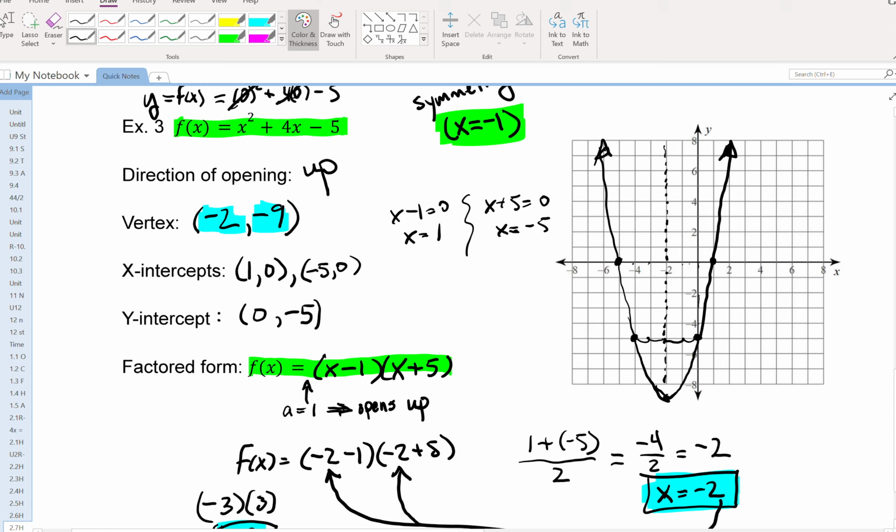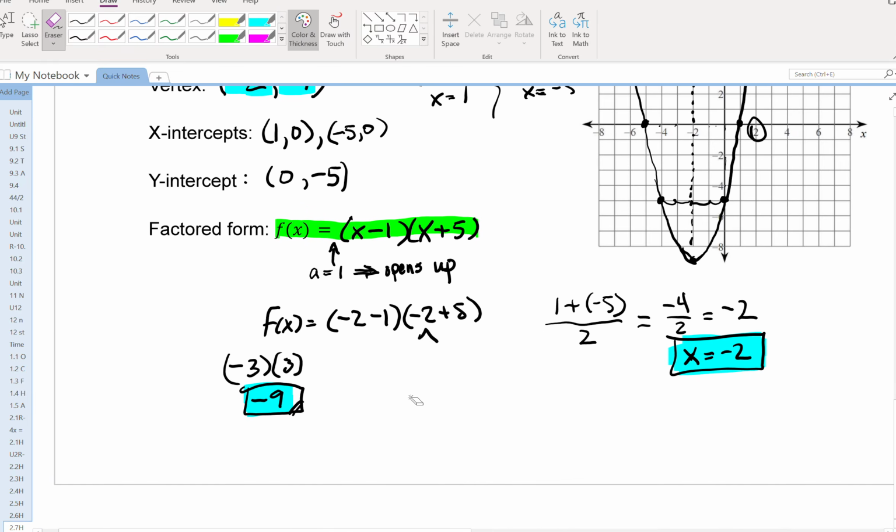And if you wanted to know additional points, you can plug them in. Like I could say, well, what happens when x equals 2? I can guess that maybe it'd be up here by 6 maybe, but I can also plug it in. What happens if x is 2? Well, I would just say here's 2 and here's 2. 2 minus 1 is 1, and 2 plus 5 is 7. So f of 2 is 1 times 7, or f of 2 is 7.